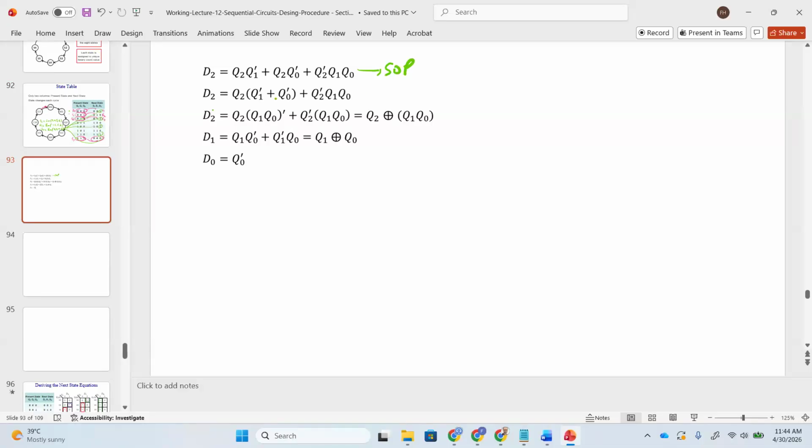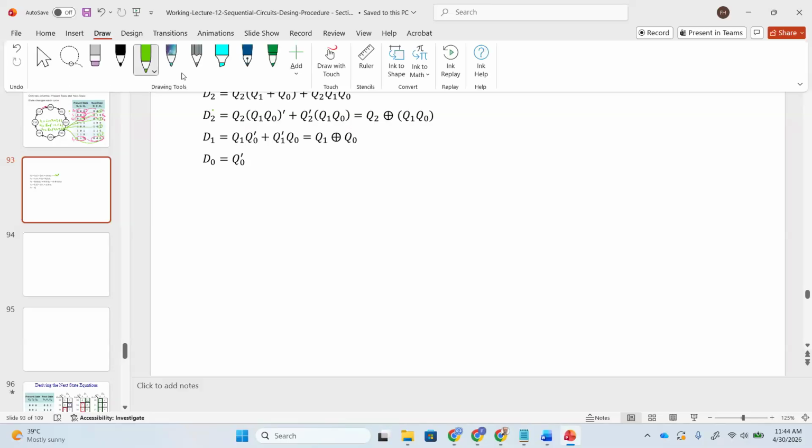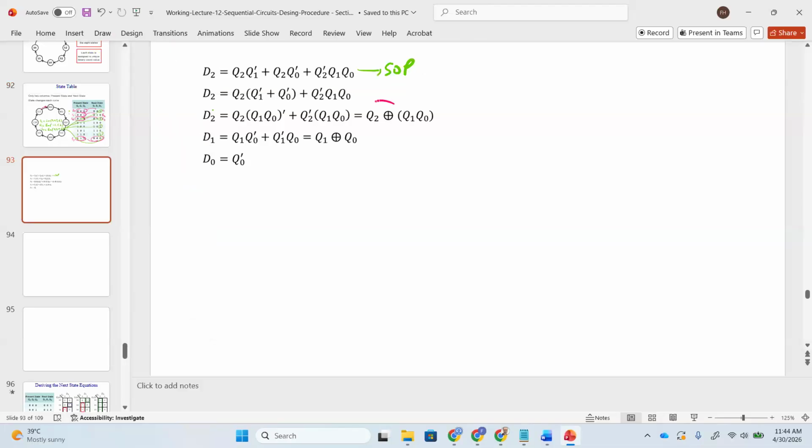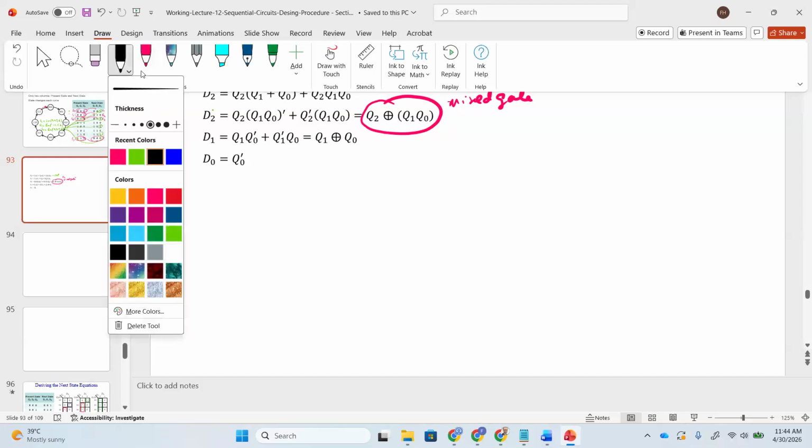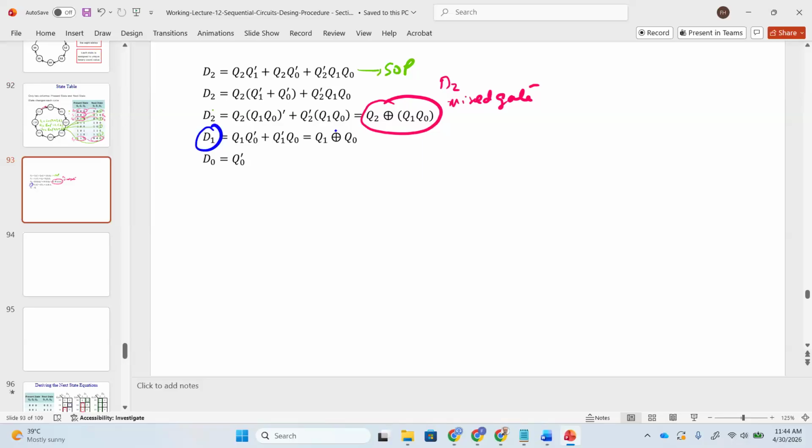Then we got another expression for D2, which is the mixed gate approach. And for D1, we have Q1 and Q0. This is also a mixed gate approach. Got it or not got it? Any question? Clear?